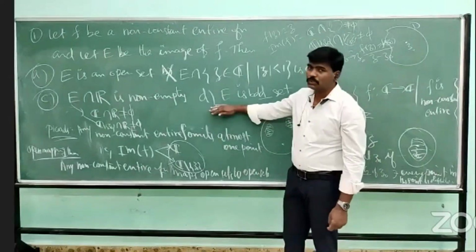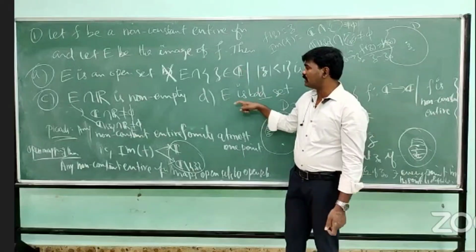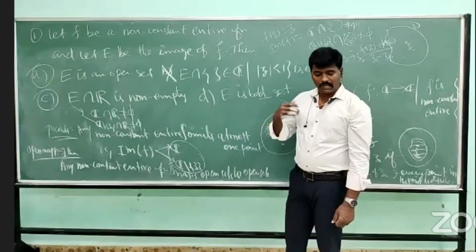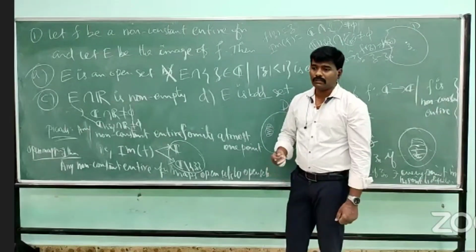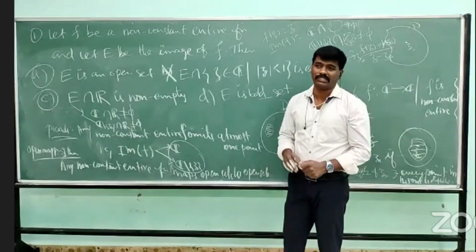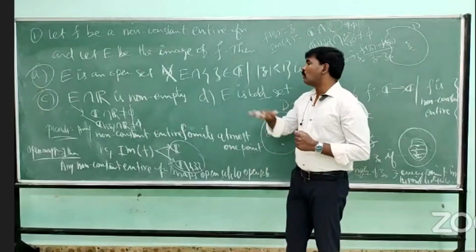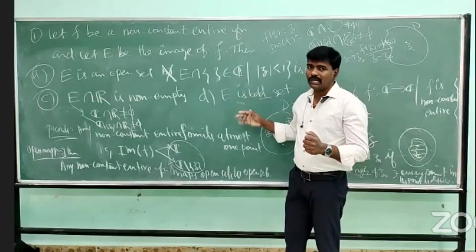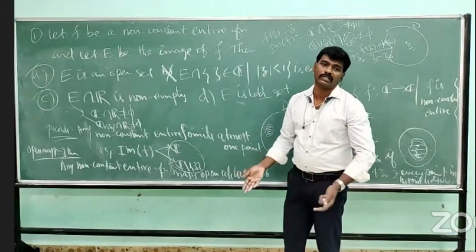Suppose option D is true. A non-constant entire function whose image is bounded, or we can say it like that. We have to say it in the proper way. I have an entire function; I don't know whether it is constant or non-constant. Just I have an entire function whose image set is bounded. From both things, I conclude F should be constant.